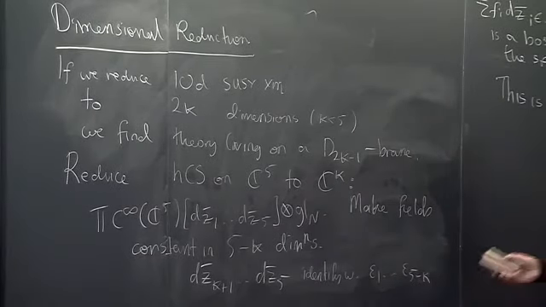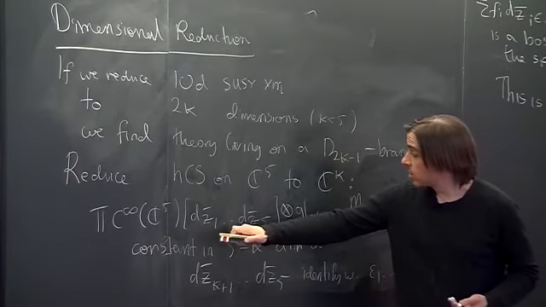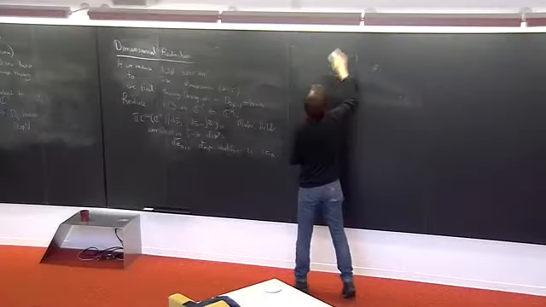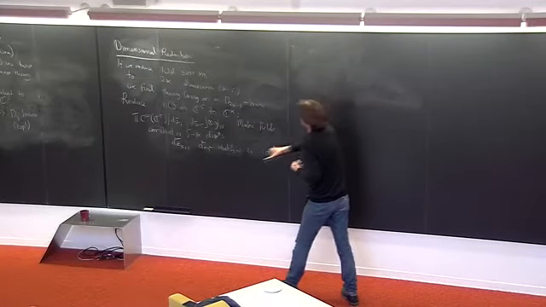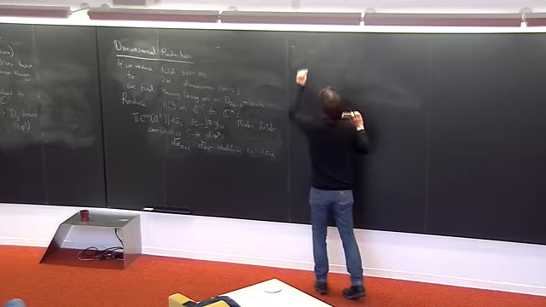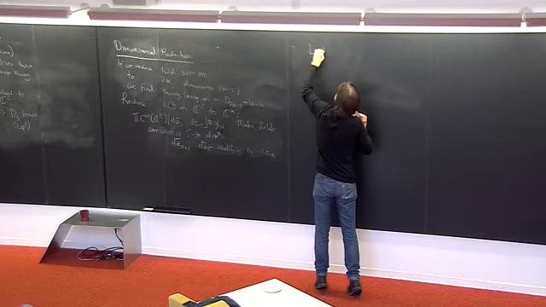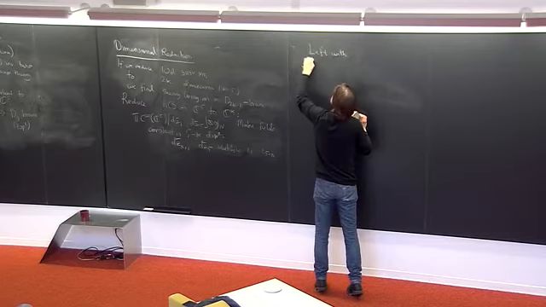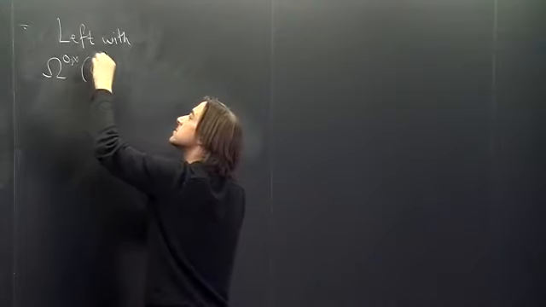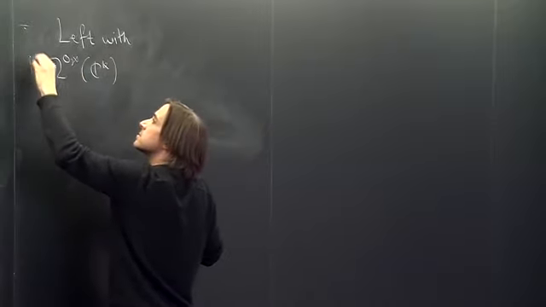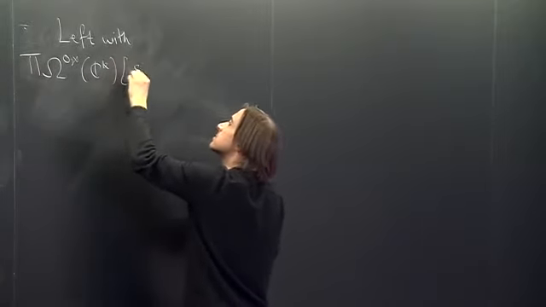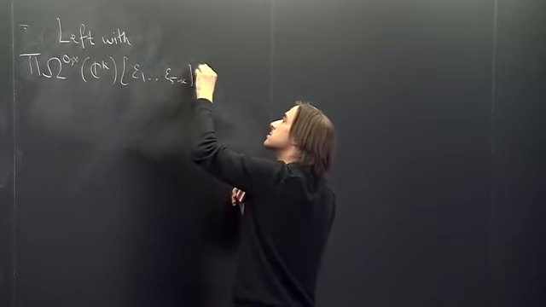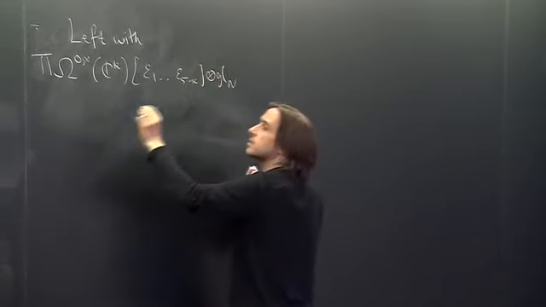And then for fields that are constant in a bunch of directions, we're left with a theory in lower dimensions, including the correct number of these fermionic variables. Which is the correct thing.